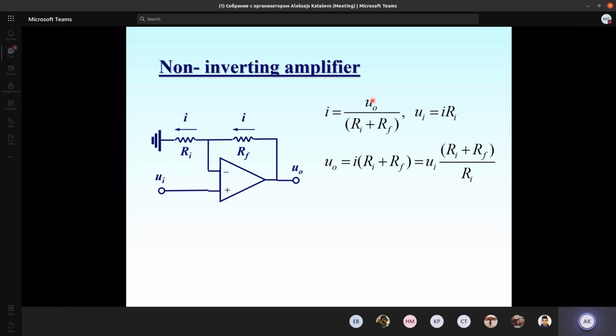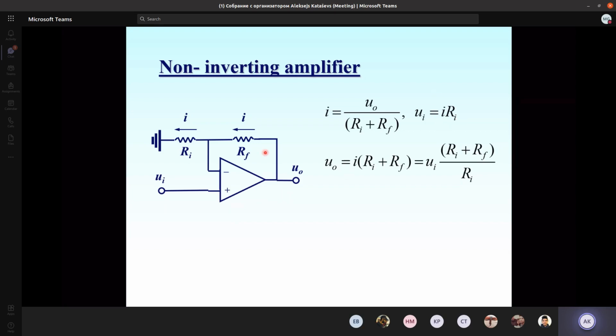This is the current flowing from the output to the ground. Then, knowing the current, we may calculate the voltage on the resistor Ri. This will be this current times resistance Ri.